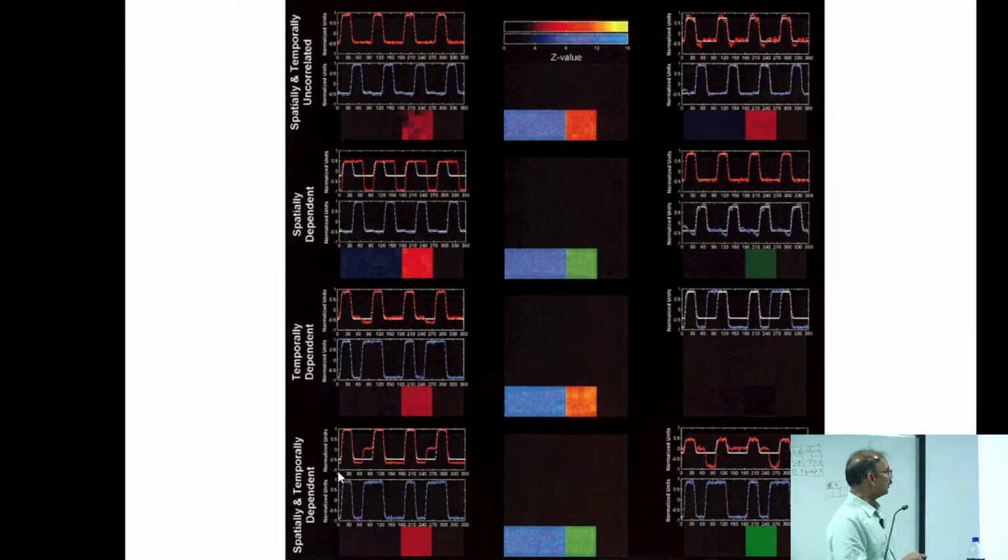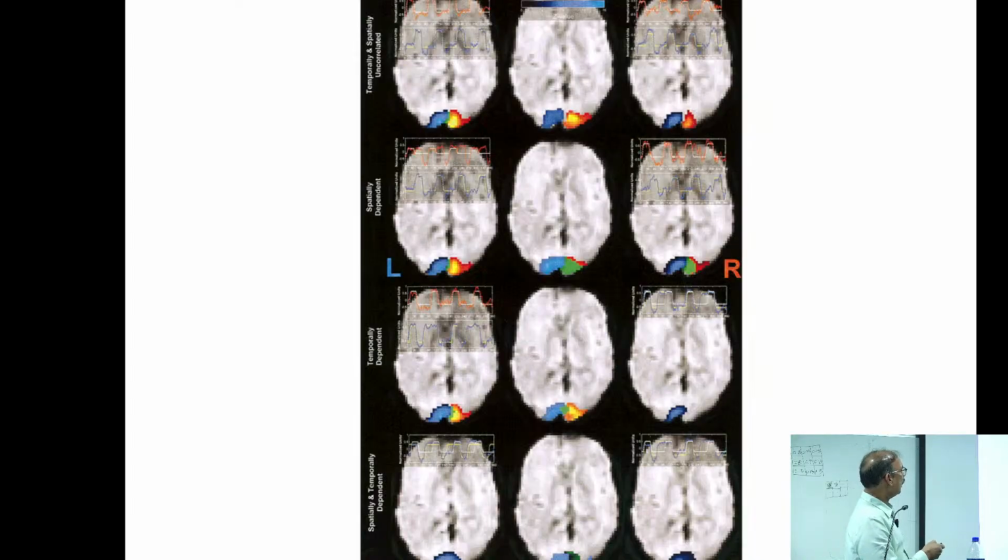And using temporal ICA, they could also show exactly the same thing, right? And this paper basically showed whether you do the data analysis in space or in time, you would still get the same result, right?